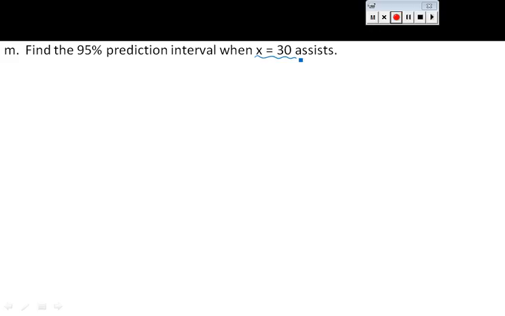That's what we're going for. The percent that we have, that's the percent of confidence that we have. So in this case, 95% prediction interval, we get to be 95% confident that our interval will contain the actual y value when we have x equals 30 assists. So our actual number of total points for our y when our x is 30 assists.